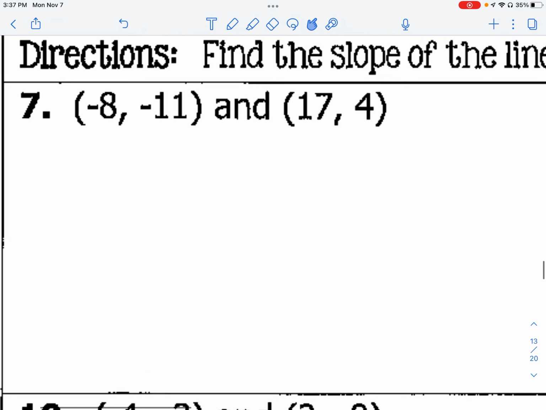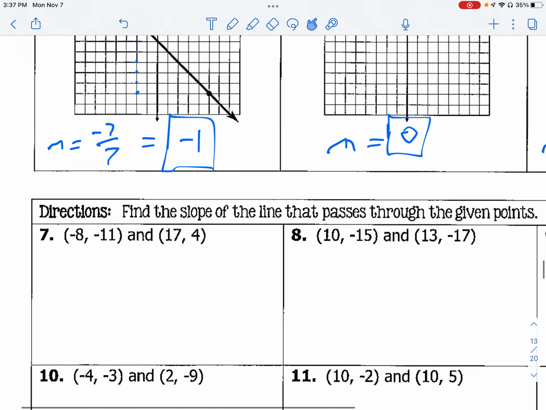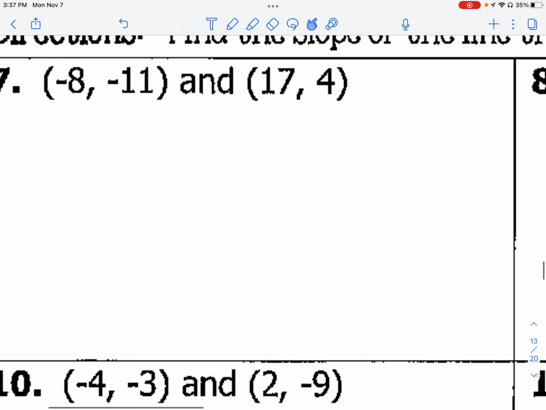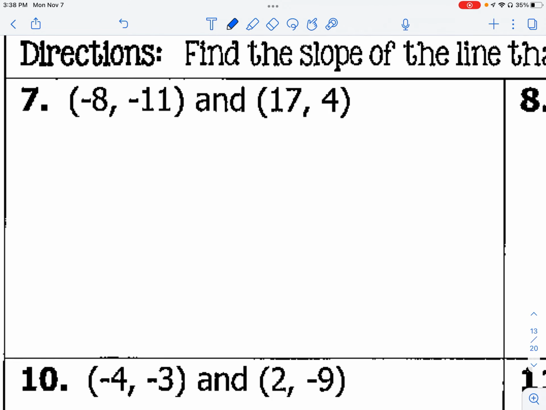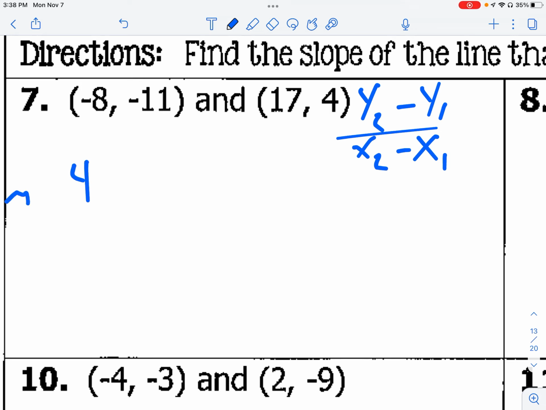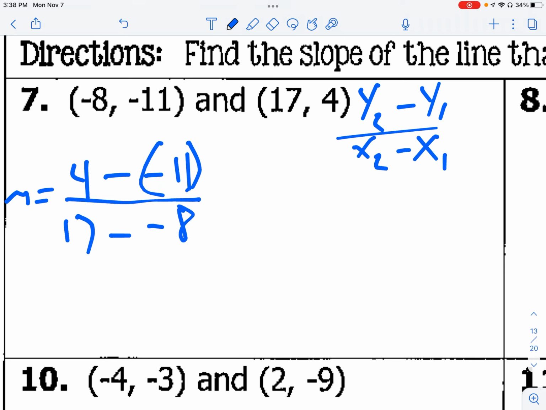All right, let's do a bunch where we're using the slope formula, which, as I'm sure you recall, is y2 minus y1 over x2 minus x1. So m equals 4 minus a -11 and 17 minus a -8.